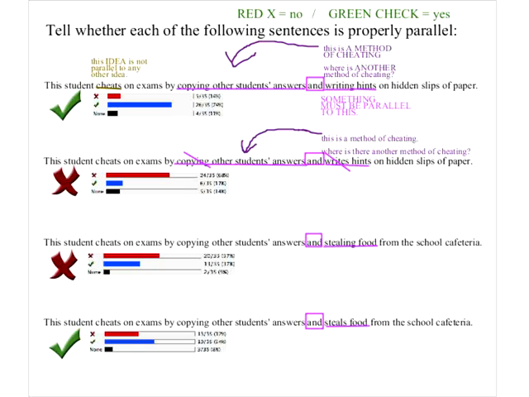Notice that cheats is written in a parallel structure, but we don't care because it's not the right word, right? I mean, this word is fake parallel. It's actually irrelevant, since the idea is not parallel to anything.